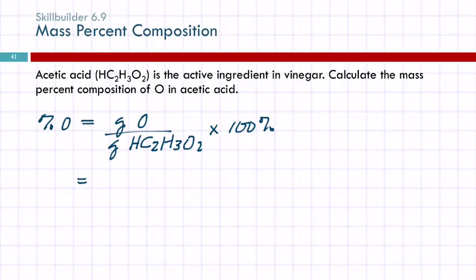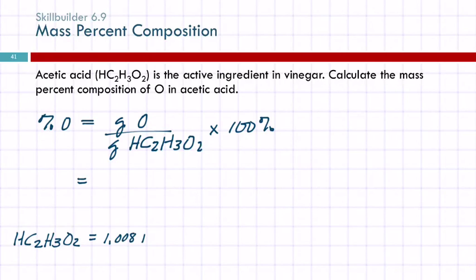Let's calculate the molar mass of this, because we're going to need it, and I'm going to show you something that's kind of nice about this. So here's our formula, HC2H3O2. You could group those hydrogens together for the calculation, or you could leave them separate. It doesn't really matter. I'm just going to leave them separate.